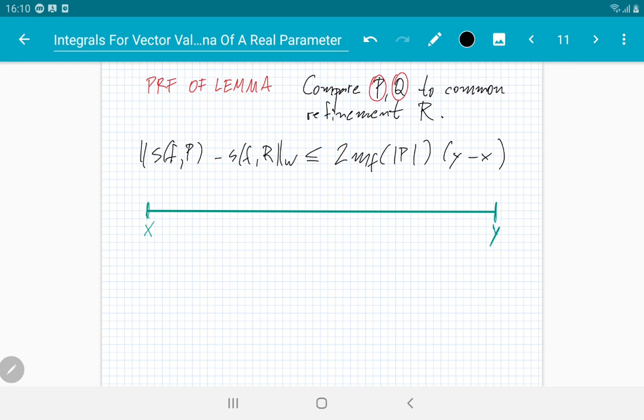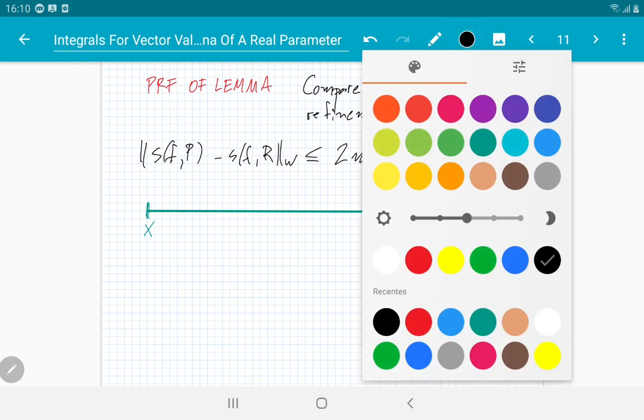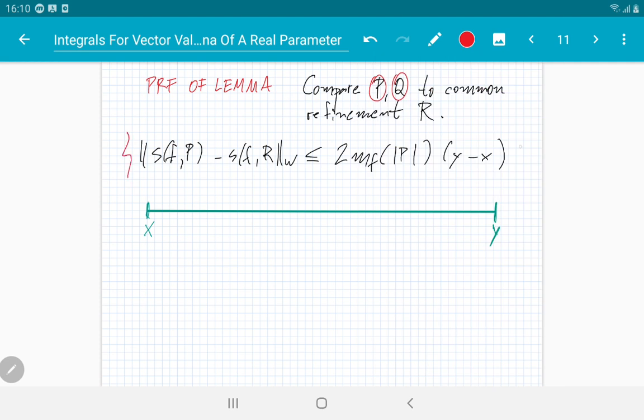And once I show that, I have, of course, the same thing for Q. And then the distance between the Riemann sum for P and the Riemann sum for Q is at, there's no 2 here. I'm going to prove this. And if I have that for P, I also have it for Q. And then I can just add up the two bounds to get a bound on the distance between S_f P and S_f Q.